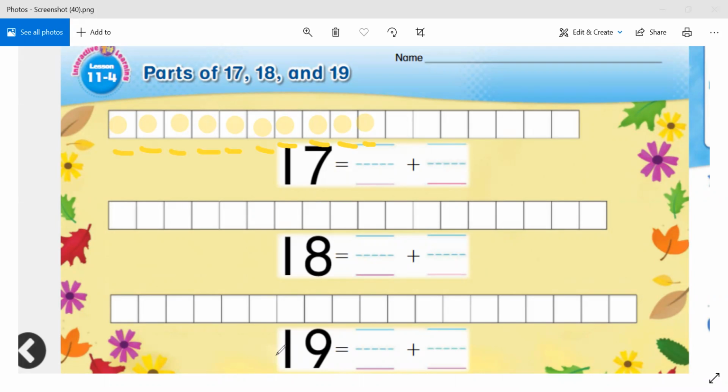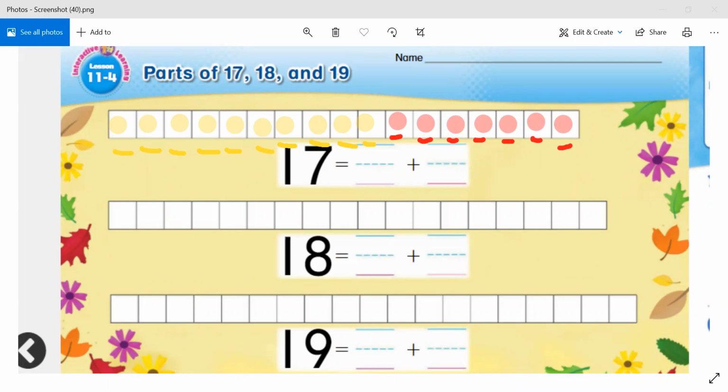So there's 10 yellow counters. Okay, now I put in some red counters. So how many red counters are in this group? 7, and we can count them. 1, 2, 3, 4, 5, 6, and 7.